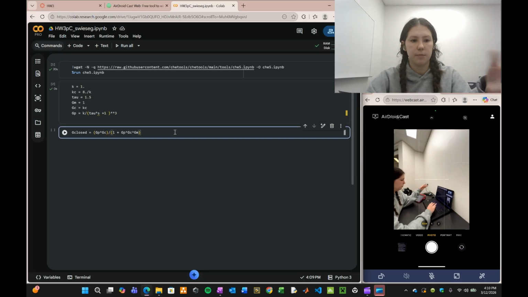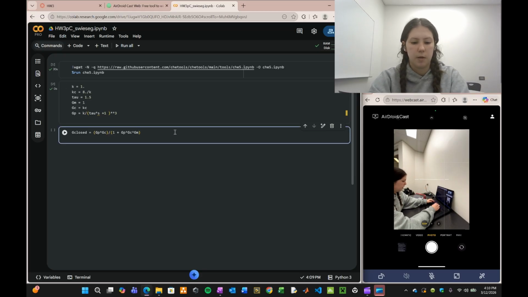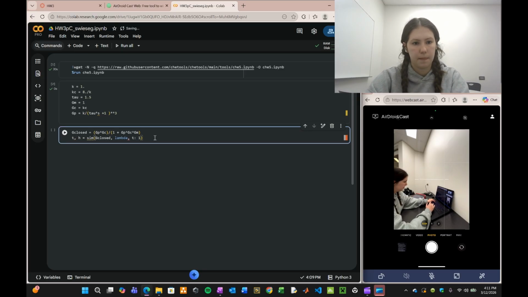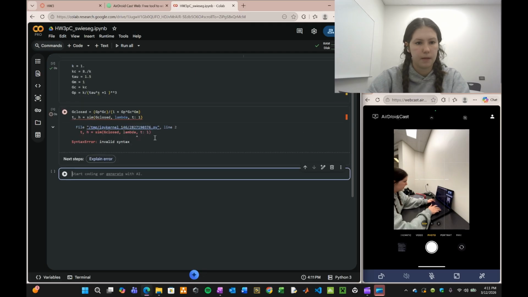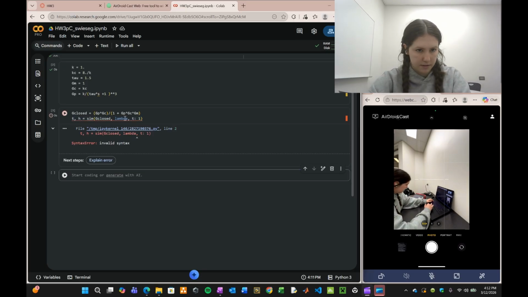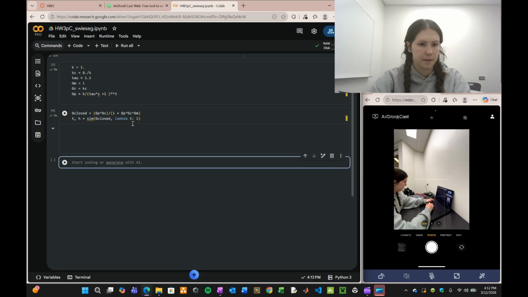So now to simulate this, we can simulate our gclosed, give it a variable, and we need to give it a domain for the time. We'll just set that to 1 right now, and that will give us a return of our time and our heights. There's not supposed to be a comma there.